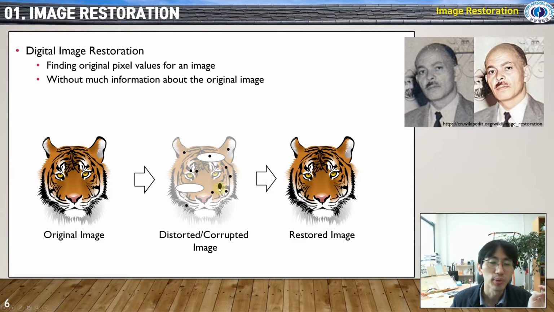If you remembered the exact pixels and color values of the original image, then there would be no need of restoration. You could just restore it by yourself. So this is one of the difficulties when we are doing image restoration.